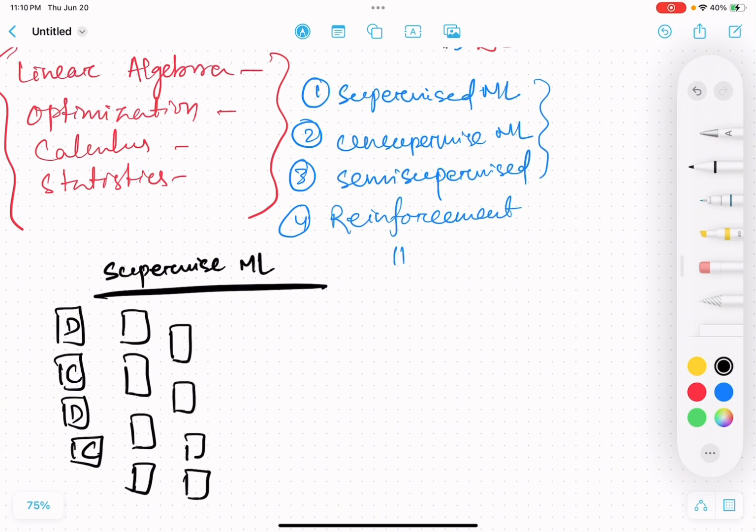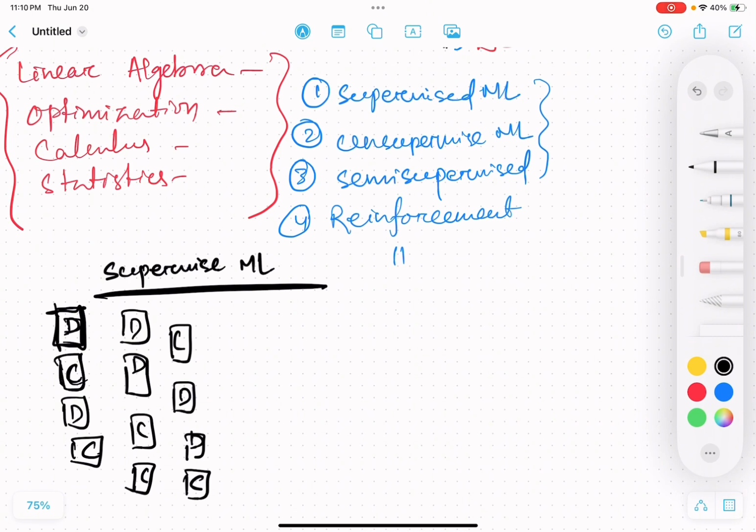We have many pictures, dog, dog, cat, cat, cat, dog, dog, cat. This data set is labeled: this is labeled as a dog, this is labeled as a cat.